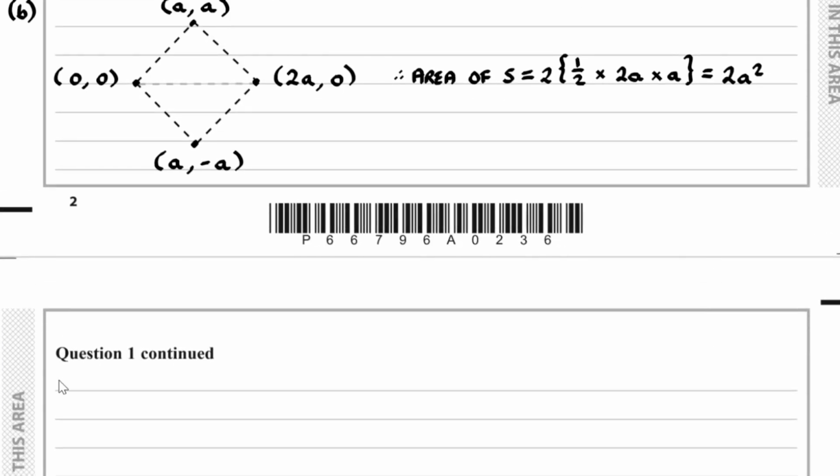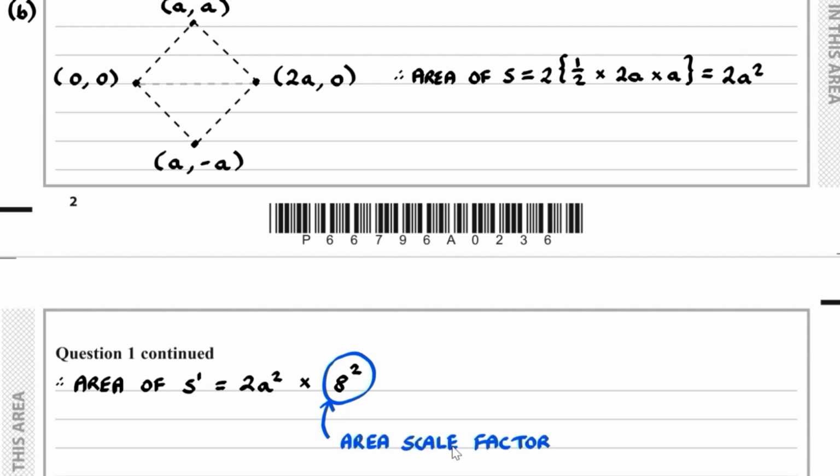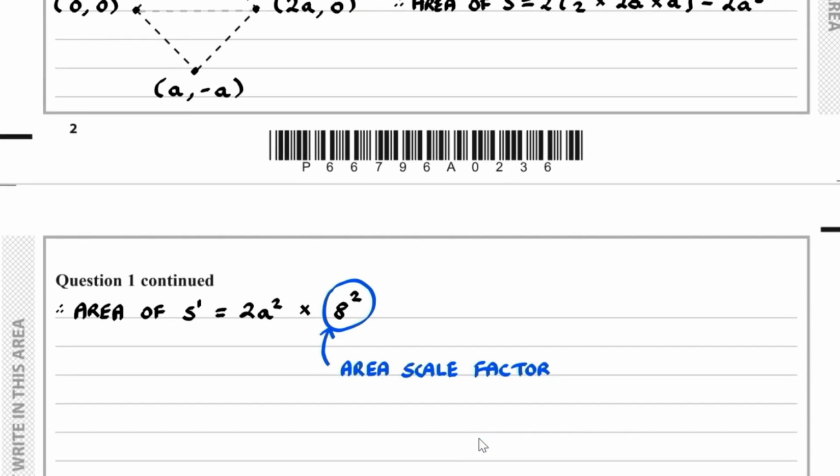And so, therefore, the area of S dash is equal to 2a squared, and then we will multiply this by 8 squared. The reason we multiply by 8 squared is because the 8 squared here represents the area scale factor. k is the length scale factor, so k squared is the area scale factor.